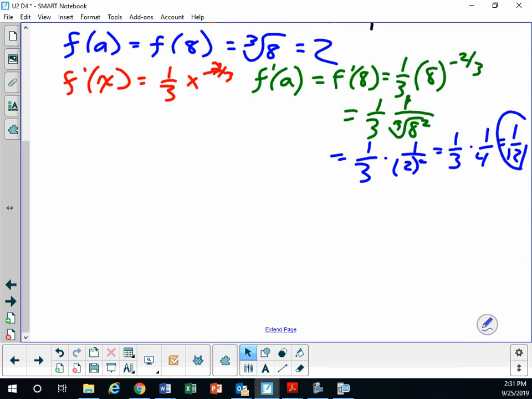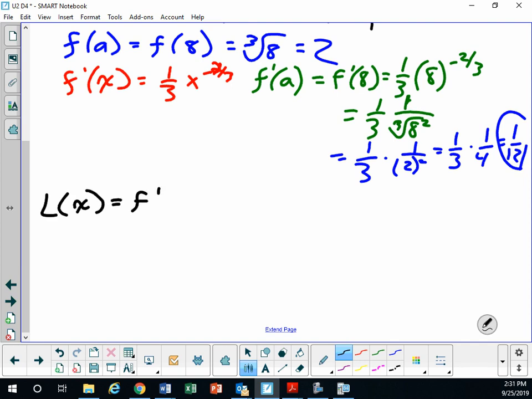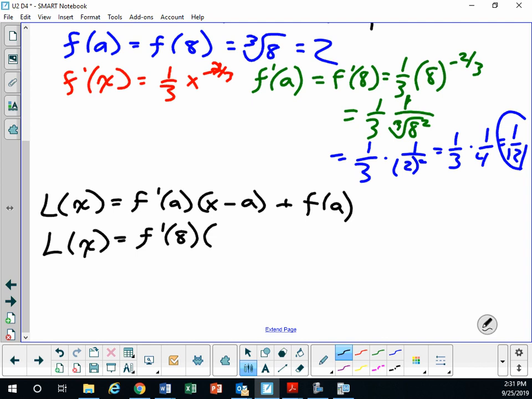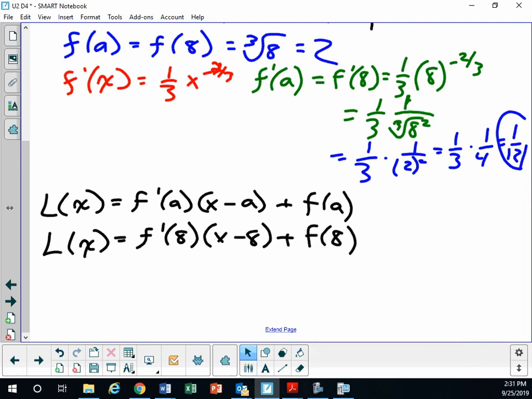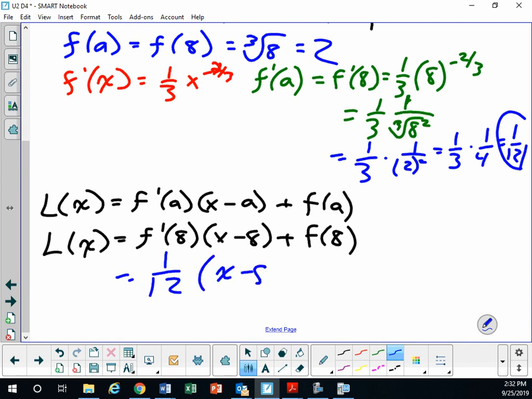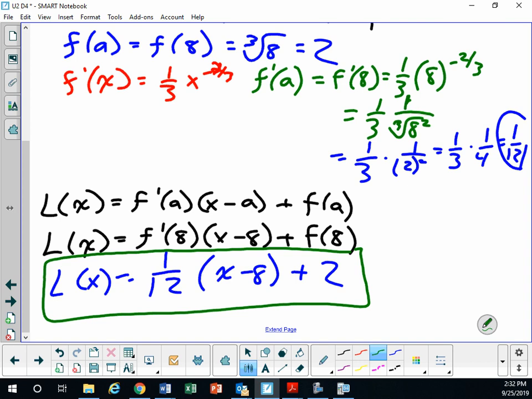So now I have all my information. L of x, f prime of a, just write it again so you can see it, x minus a plus f of a. So L of x equals f prime of 8 times x minus 8 plus f of 8. f prime of 8 is 1/12 times x minus 8, f of 8 is 2. Here is my equation of tangent line. Find the equation of tangent line and then use it. There's my equation of tangent line.